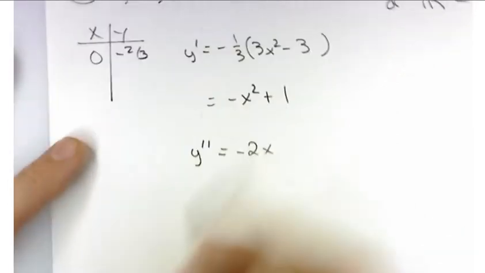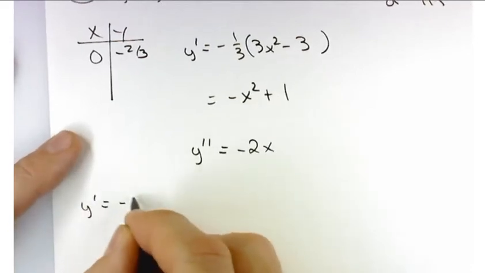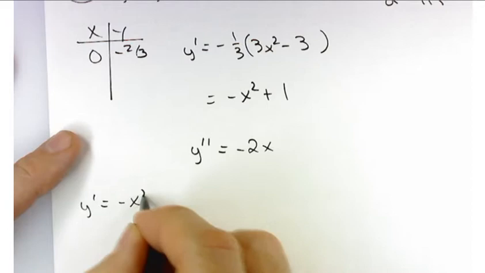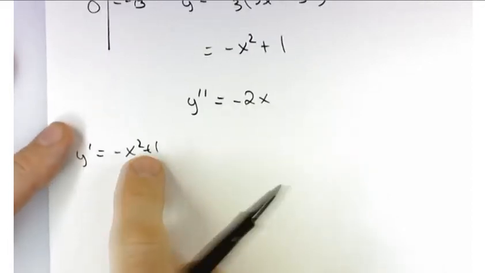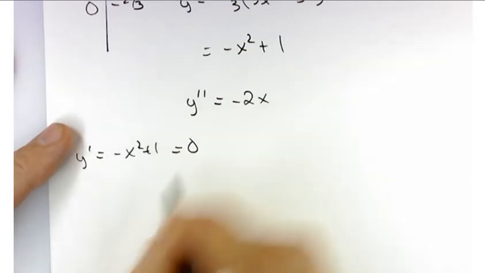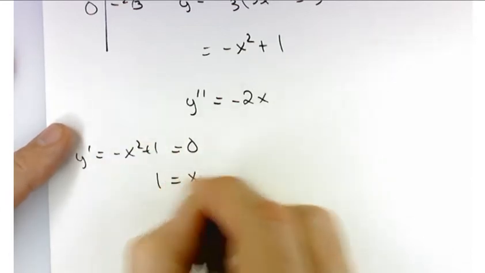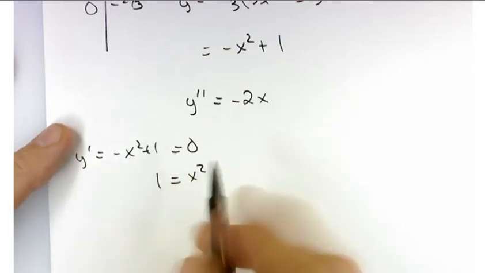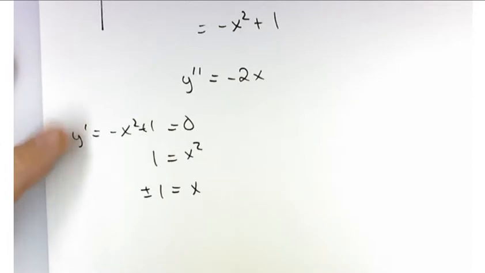I want to know where these derivatives can change signs. So let's work with the first derivative, negative x squared plus 1. This can change signs when this actually equals 0. So that equals 0 when 1 equals x squared, moving this to the other side. Plus or minus the square root gives me x is plus or minus 1.